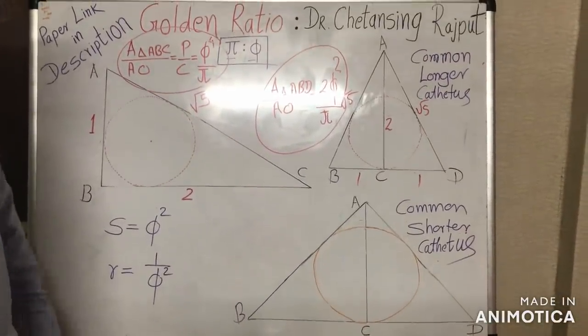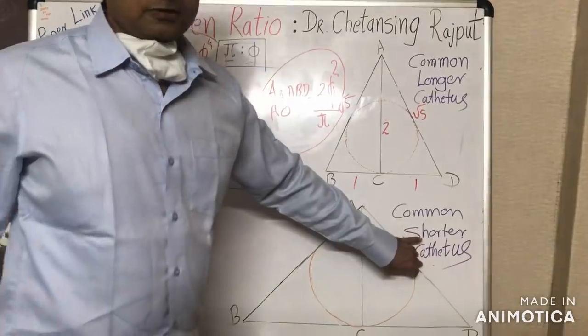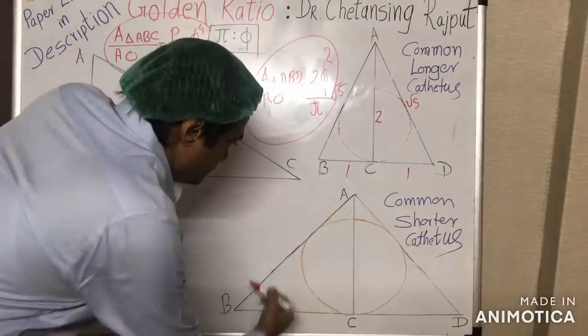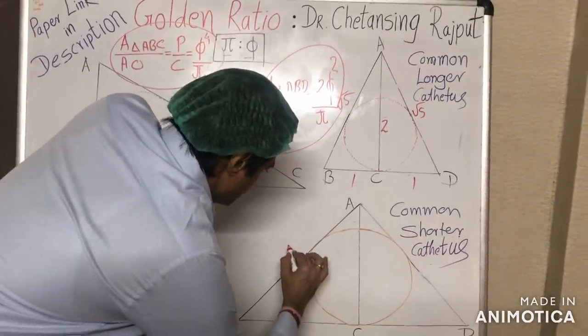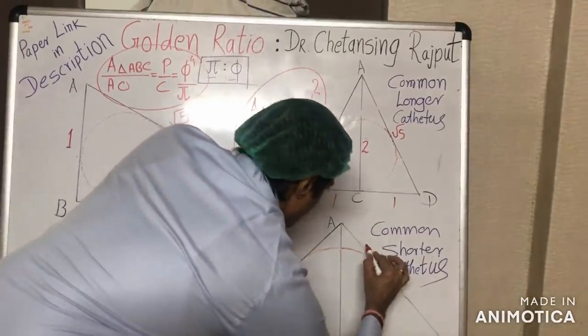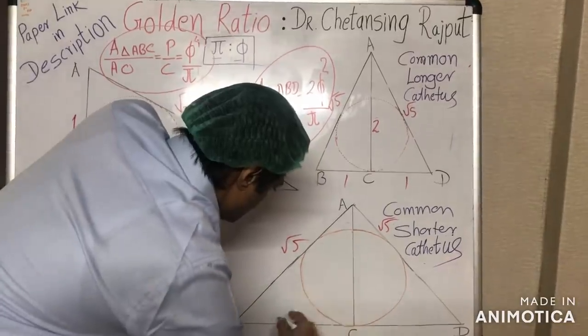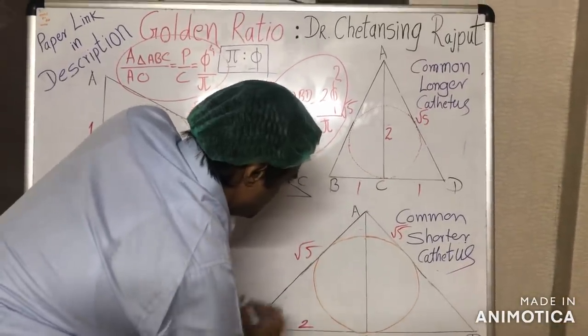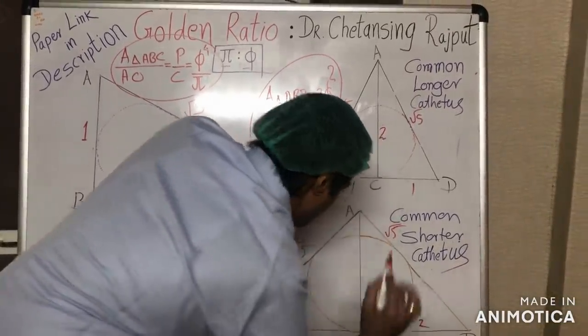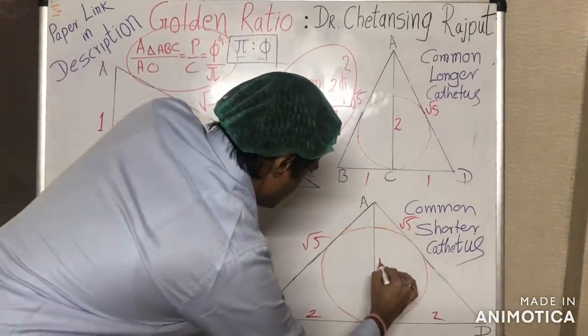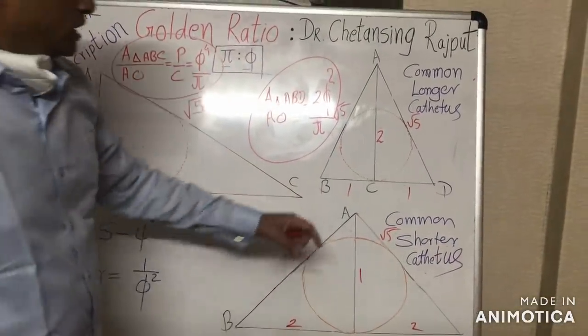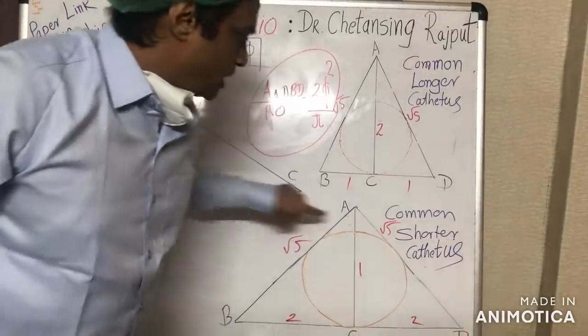Okay. And in case of common shorter cathetus, consider these two triangles ABC and ADC. This is the hypotenuse, of course, root 5 and root 5. This is the longer cathetus, BC equal to 2, DC equal to 2. This is the shorter cathetus, AC. And we incorporate the incircle in this combined triangle.